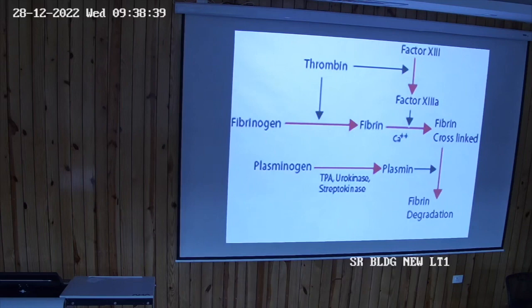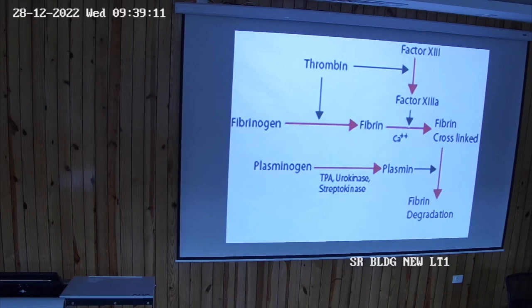So when they are trying to pull the damaged vessel, the platelet will contract to bring things together. This activation of contractile proteins takes place: actin, myosin, thrombosthenin. Along with this, it will release two important factors, that is platelet derived growth factor and vascular endothelium growth factor.